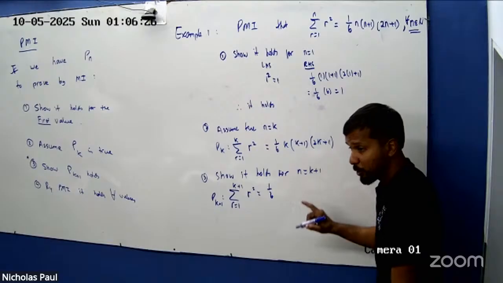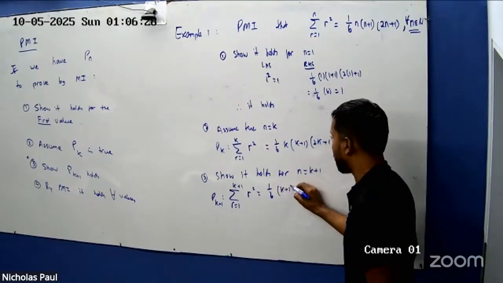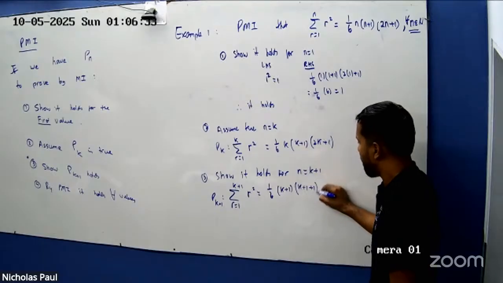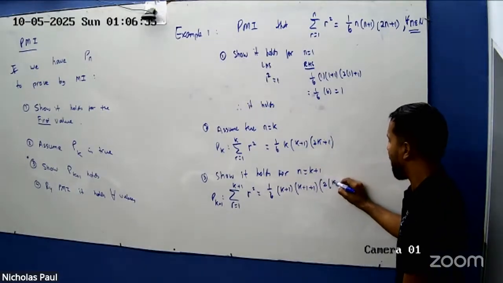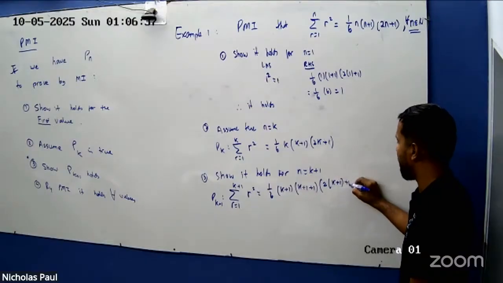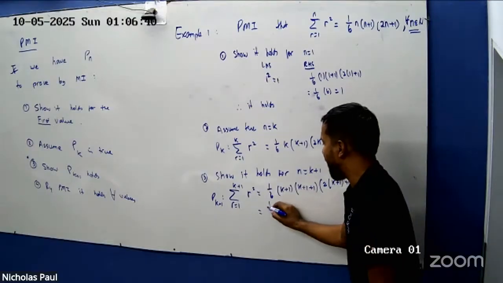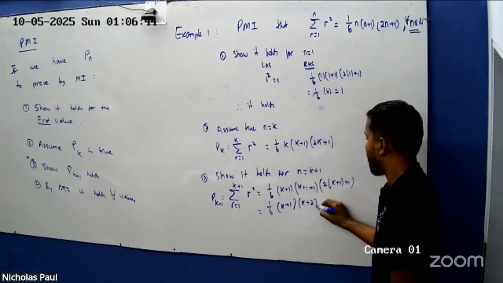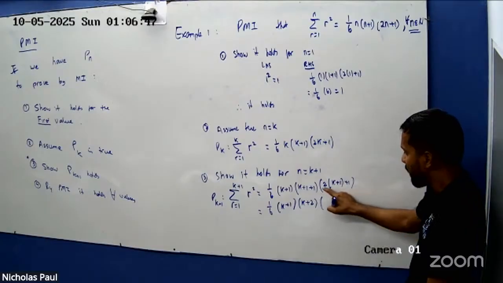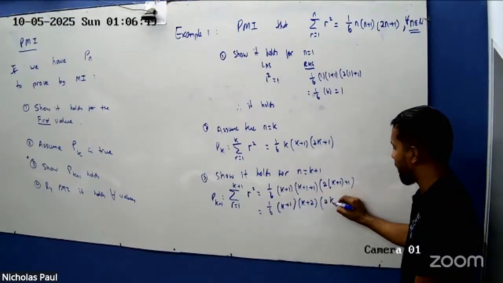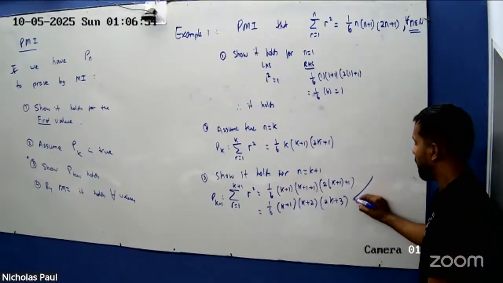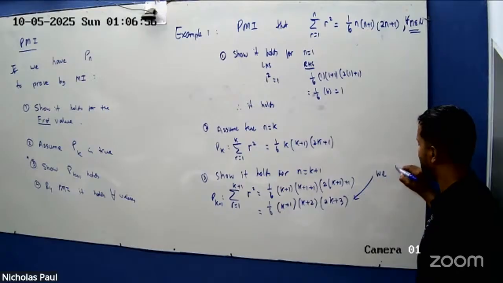So it will be k plus 1, I put in k plus 1 here, then plus 1, I put in 2 by k plus 1, then plus 1 after. So when you simplify it, you'll get 1/6 (k+1)(k+2). Multiply this out: 2k plus 2 plus 1, that's 2k plus 3. So this is what we have to prove.